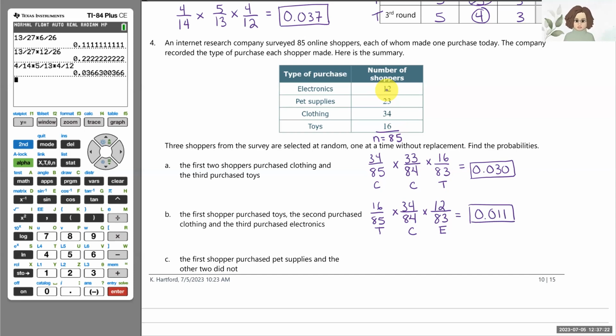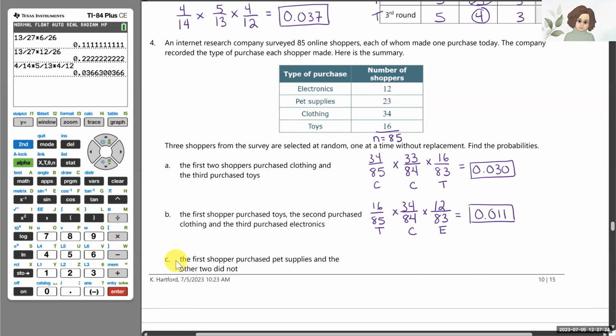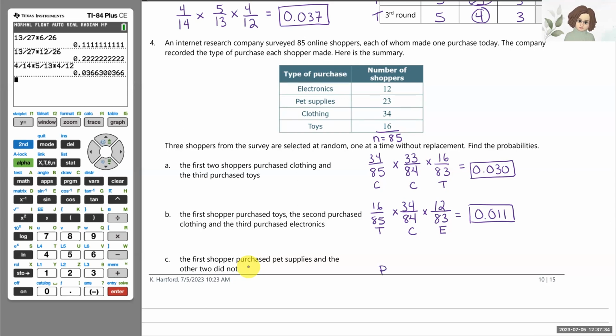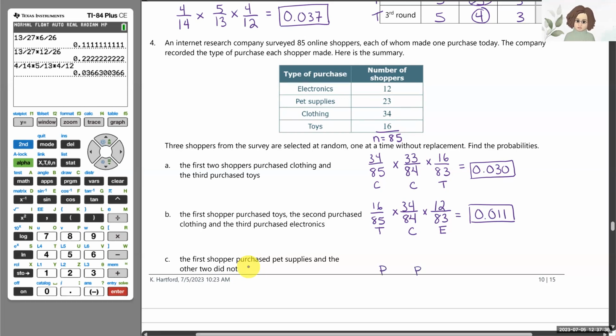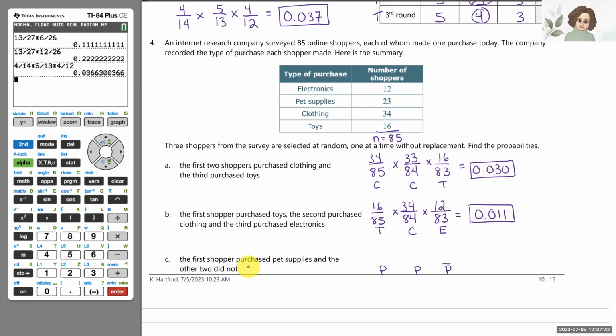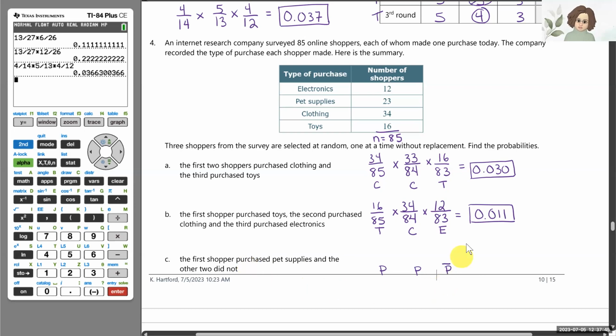And then the last question here: the first shopper purchased pet supplies and the other 2 did not. So now I want pet supply, and then I'll do my notation for complement, not pet supply there. But now let me go ahead and keep track of some totals here.